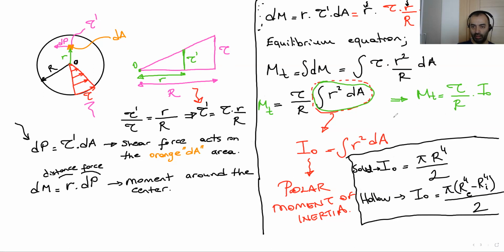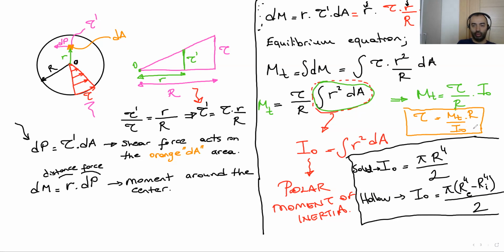So if we are looking for the shear stress under torsional moment, let's take out the shear stress. It is MT times R over I0. This is the maximum shear stress calculation equation, which is coming from the equilibrium equation given above.